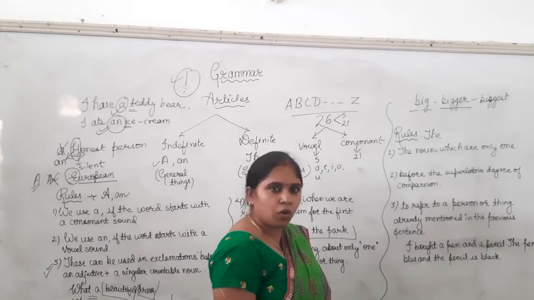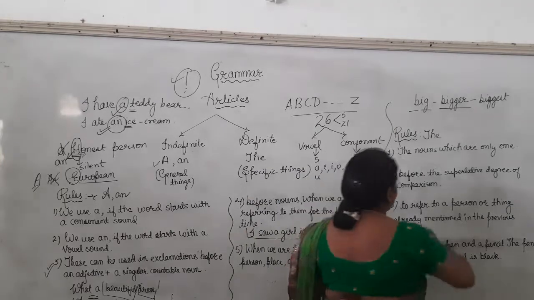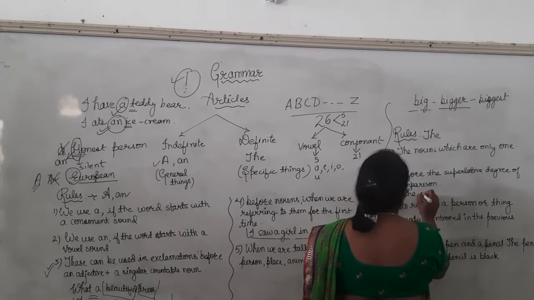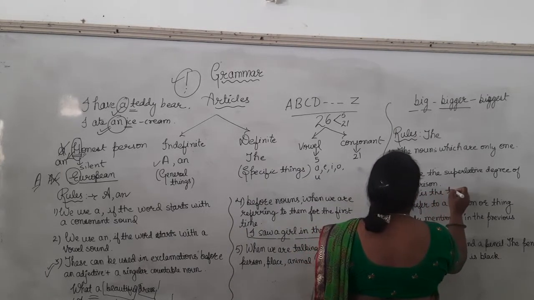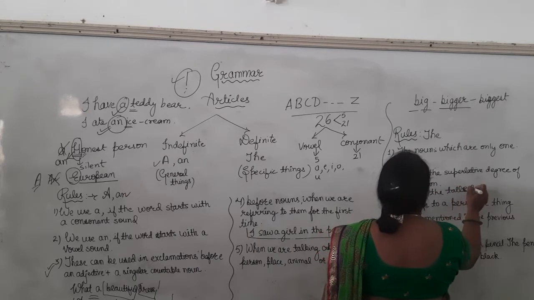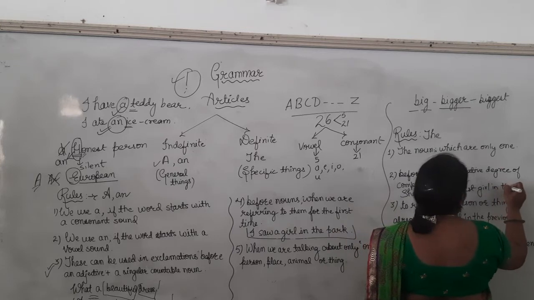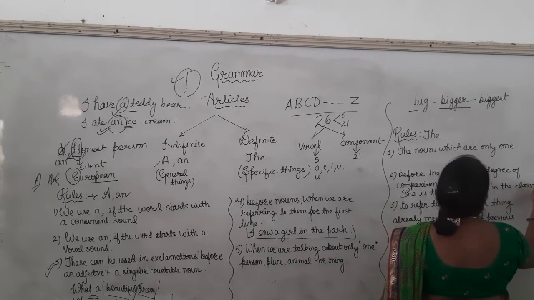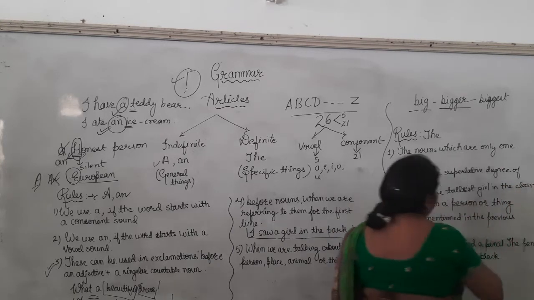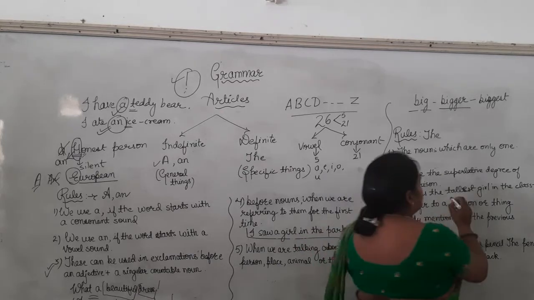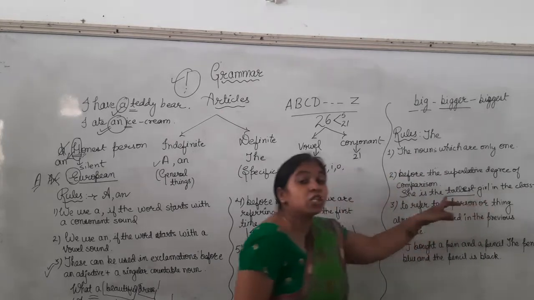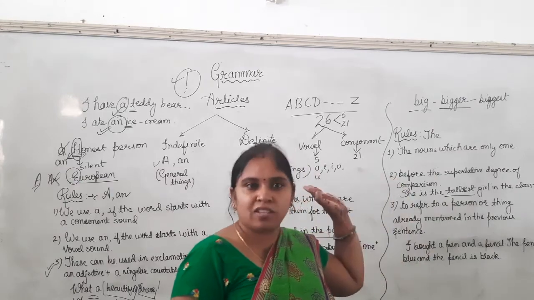Okay. For example, she is the tallest girl in the classroom. Here the adjective is tallest. This is the superlative degree of comparison.